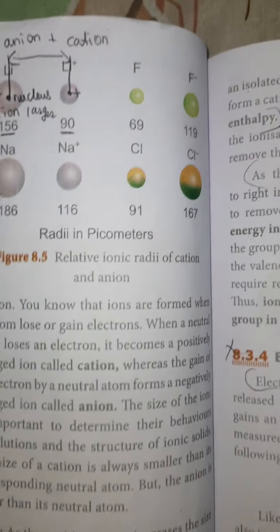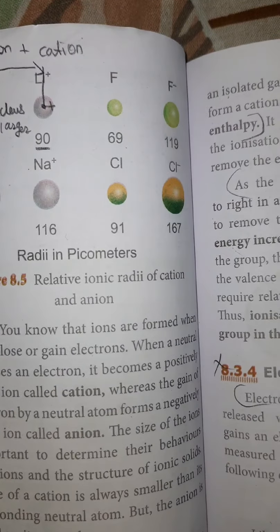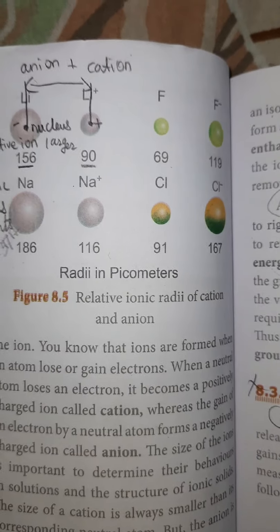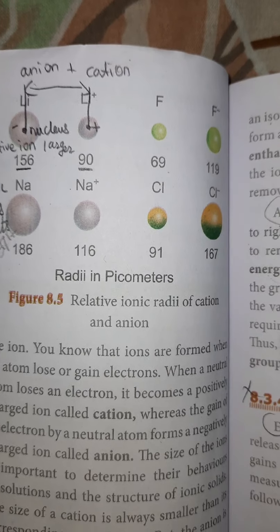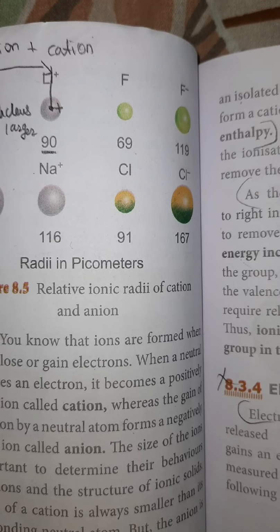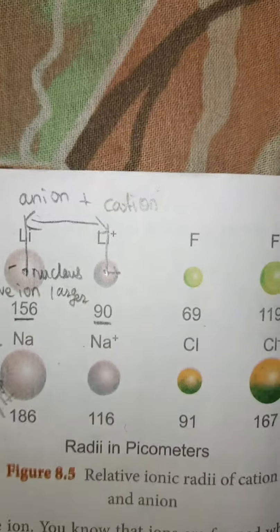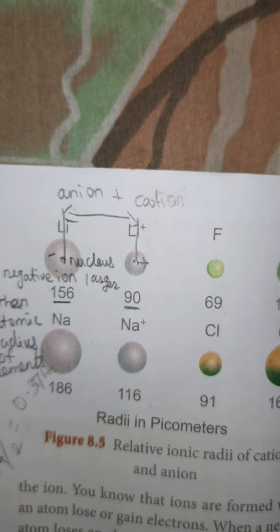What is ionic radii? It is defined as the distance from the center of the nucleus of an ion up to the point where it exerts its influence on the electrons. You know that ions are formed when an atom loses or gains electrons.